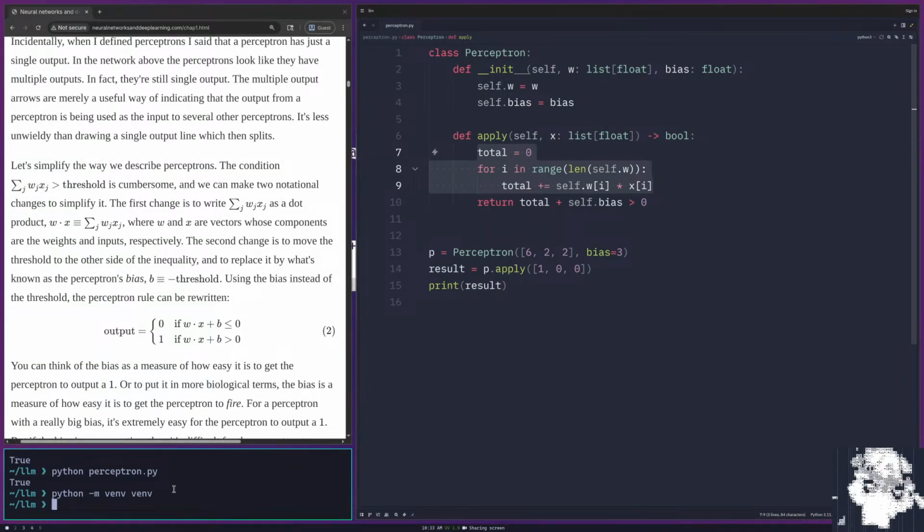This is saying use the venv module to make a virtual environment called venv. I now have a venv folder in here. Let's activate the virtual environment, source venv/bin/activate. So now I'm in the virtual environment.